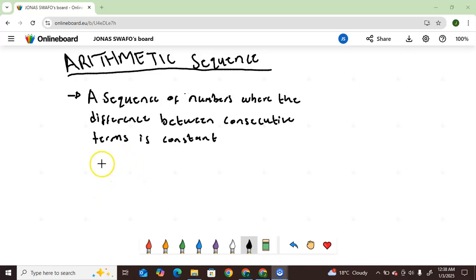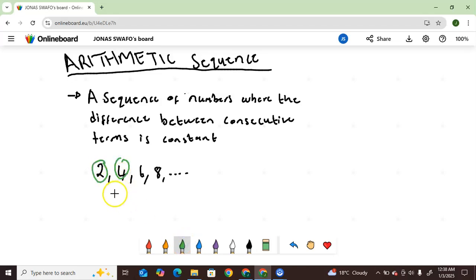So, let me write down a simple example of that. We have 2, 4, 6, 8 continues. We can see that between the consecutive numbers, from 2 we go to 4, what is the difference between these two consecutive numbers, 2 and 4?